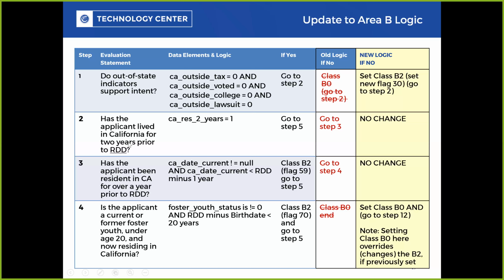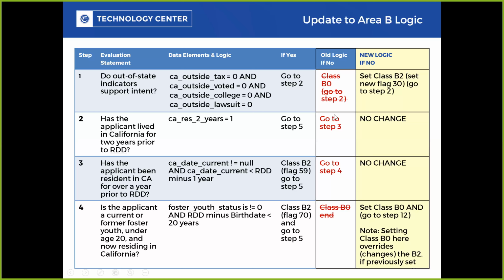Step 2 asks if they've been here for 2 years. If yes, go all the way to step 5. Because step 3 is, have they been here 1 year? Because have they been here 2 years? No. Then go to 3. Have they been here 1 year? No. Then are they a foster youth under the age of 20 living in California? Which is kind of the last ditch effort.